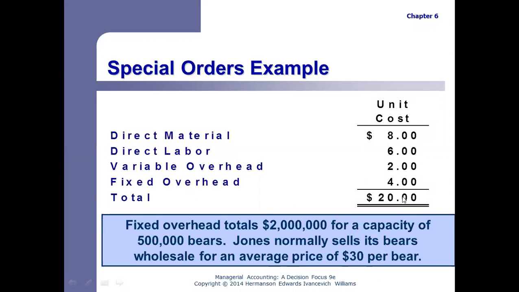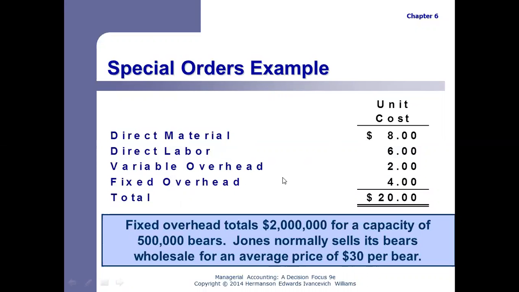Looking at the cost information, and this is a unit cost, so per bear, you can see there's $8 worth of direct materials in there. There's $6 worth of direct labor in each bear. And then the variable overhead is $2.